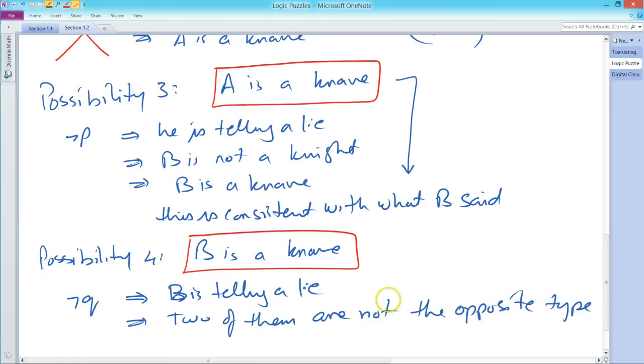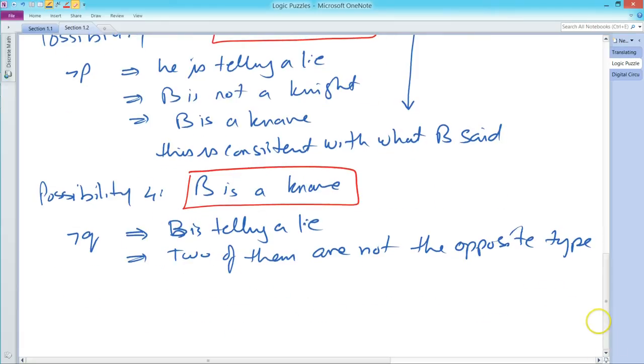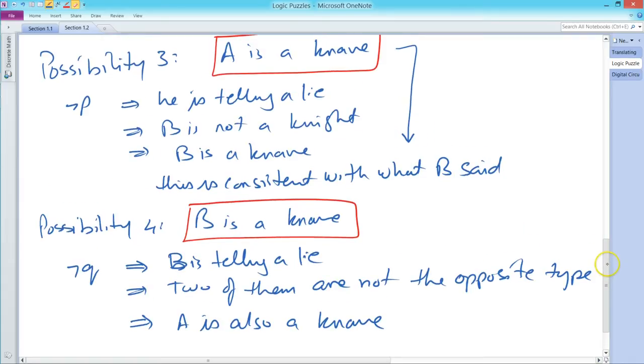Which means that they are of the same type. If they are of the same type, then this means that A is also a knave. And this is consistent with the two statements, and it's also consistent with the third possibility.